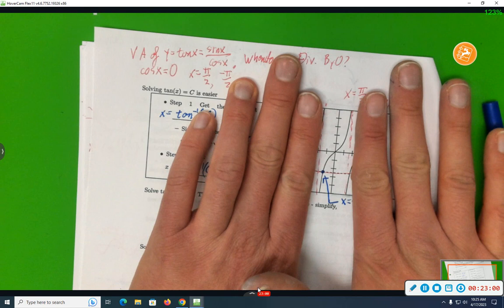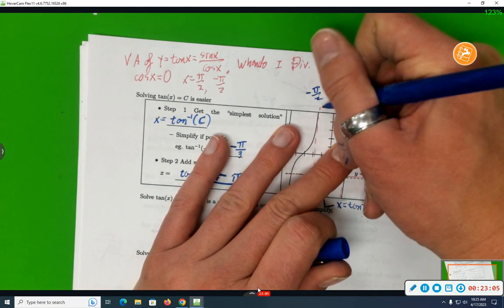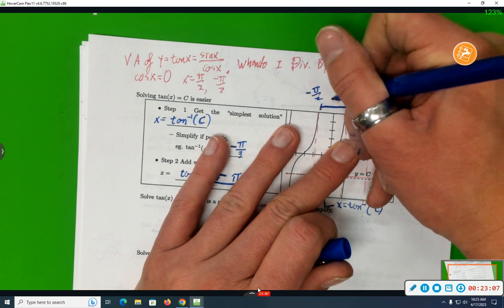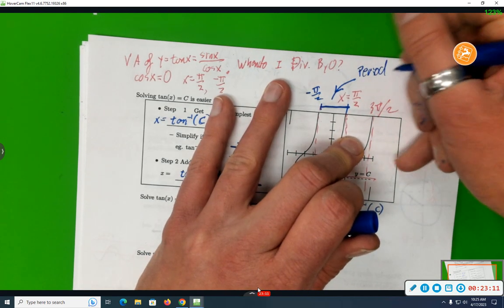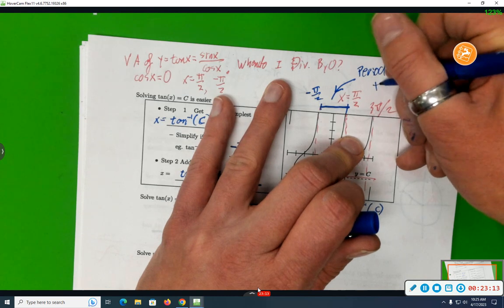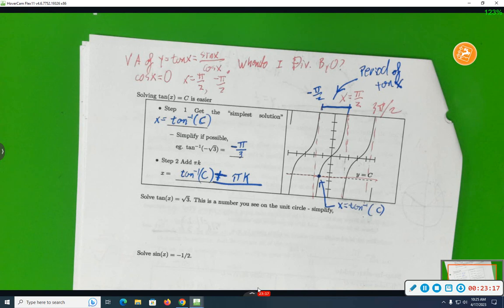So whatever this length is, that length is the period of the tangent of x. And what's the length of that interval between those vertical asymptotes?